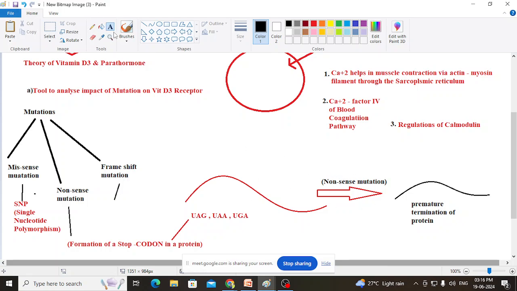So let us see what is the role of missense mutation. In missense mutation, again we will take one more protein structure. Let us say this is the structure of a protein, and we will see the impact of missense mutation.